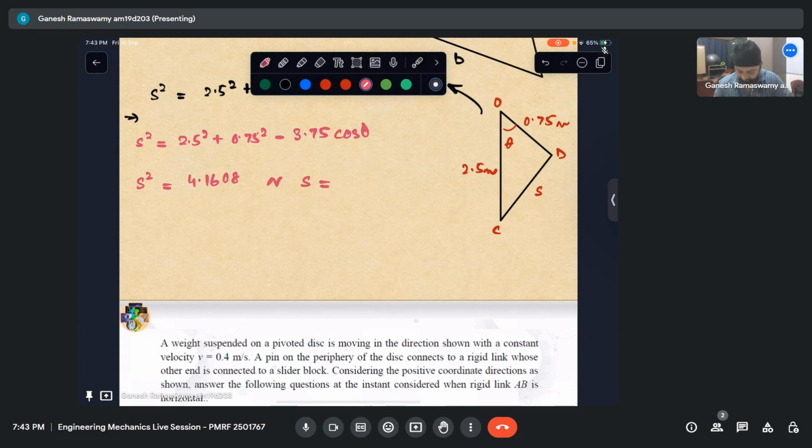So this is nearly 2.04 meters. So this is my S at theta equal to 45 degrees. So I have got this very well.